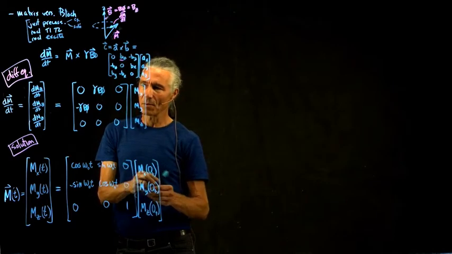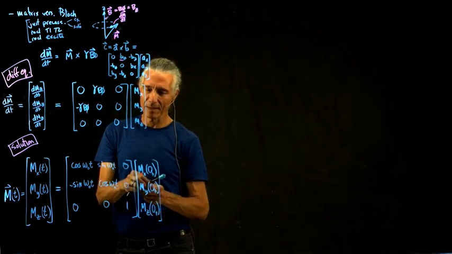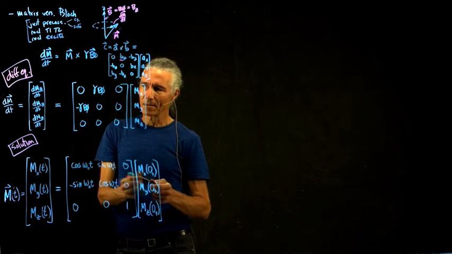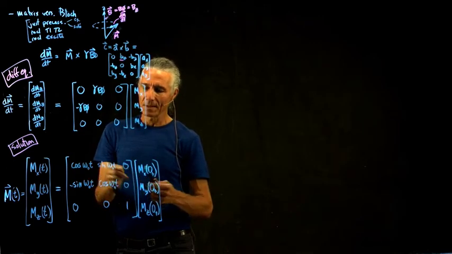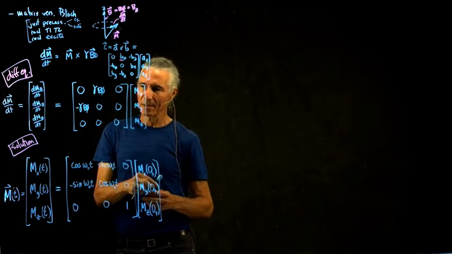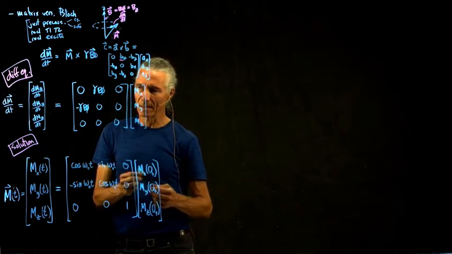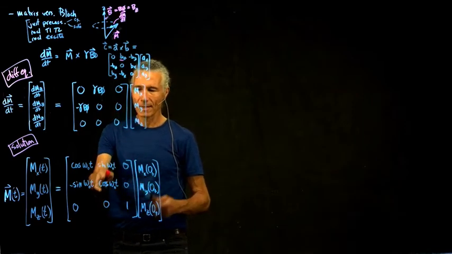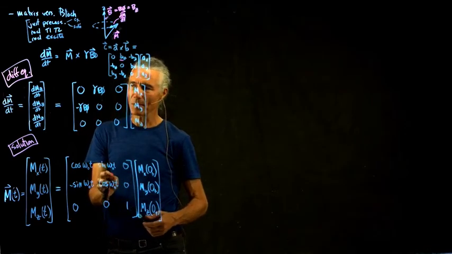And what can a matrix do to a vector? It can basically rotate it or shrink or grow it. This is a special matrix that has the property that it only rotates. It doesn't cause any change in length. That's what the meaning of a rotation matrix is.